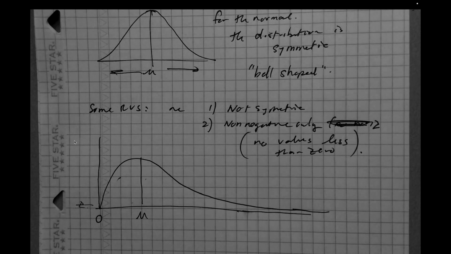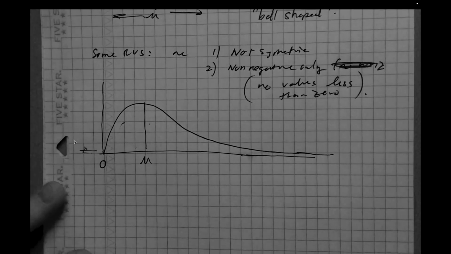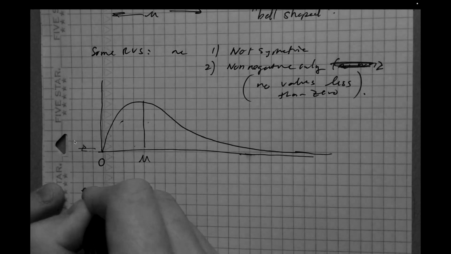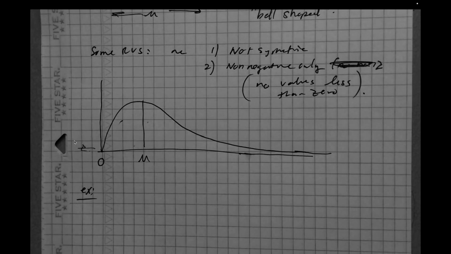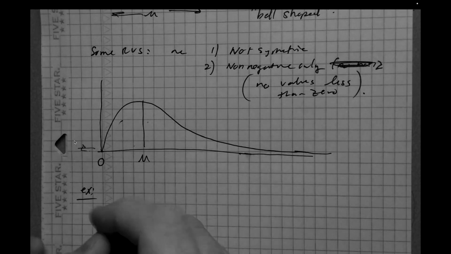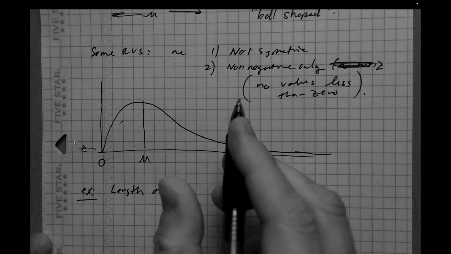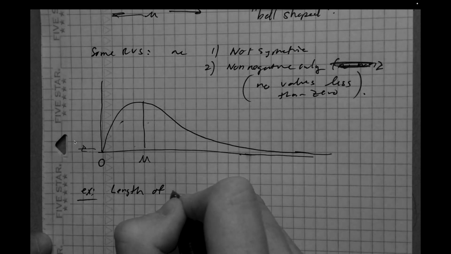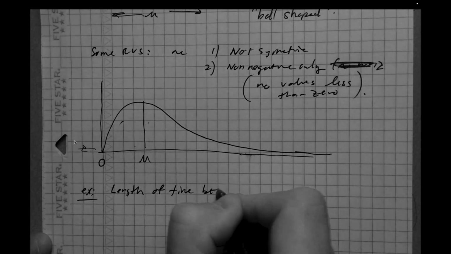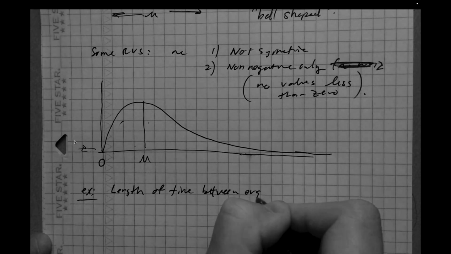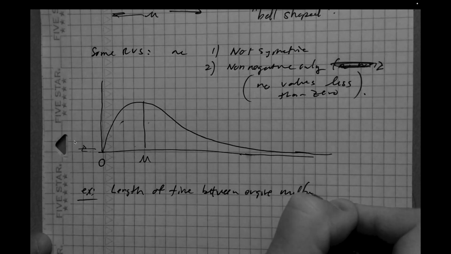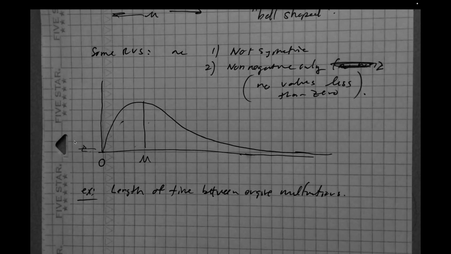Now, there are countless examples of random variables in nature that might kind of look like this. One of the things that I like to point out is the length of time between engine malfunctions. This is an example of something that's typically sort of gamma. It's got this right skew.